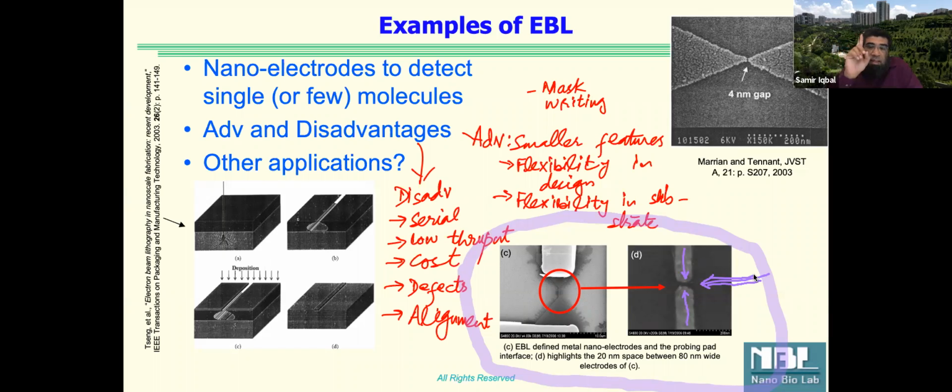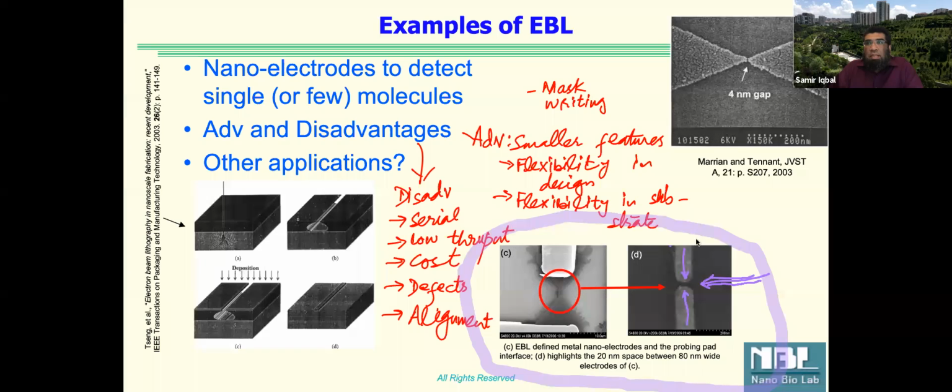We can detect at the single virus level. The distance between those two electrodes is 10 to 15 nanometers. This is really, really small, and we fabricated it a long time ago. We did some DNA detection work with that.